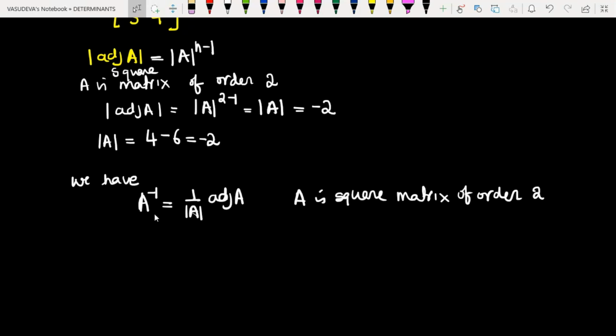So now determinant of A inverse is determinant of adjoint of A divided by determinant of A.